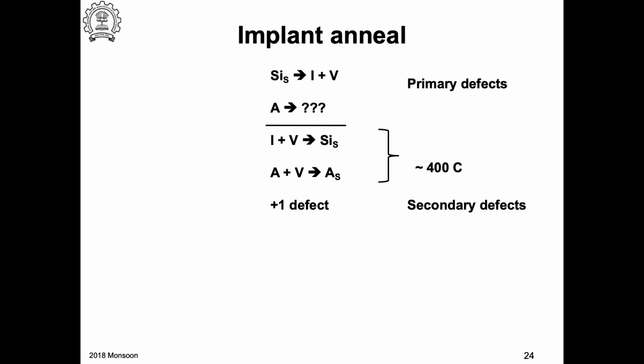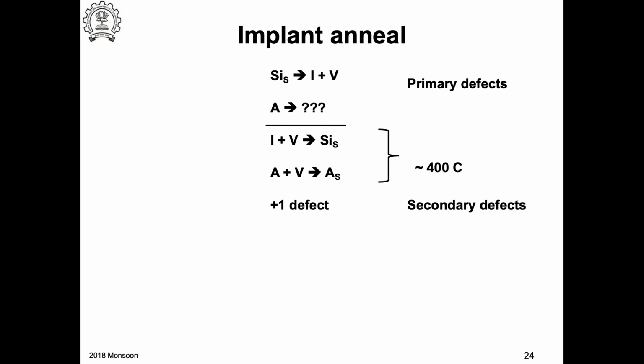Then you do the annealing. You can have interstitial vacancy recombination. This leads to the silicon getting back to the substitutional site. But what about the implanted ion? Because you created an interstitial and a vacancy, and then you have a dopant.